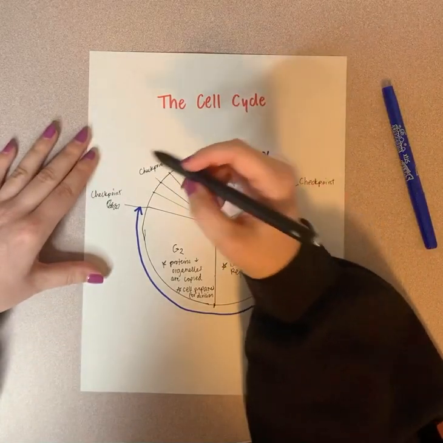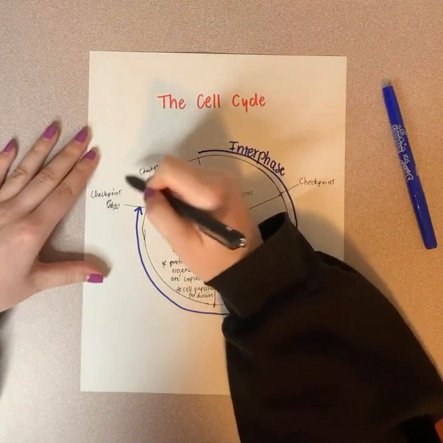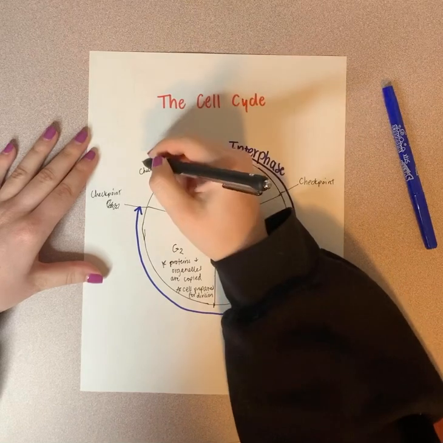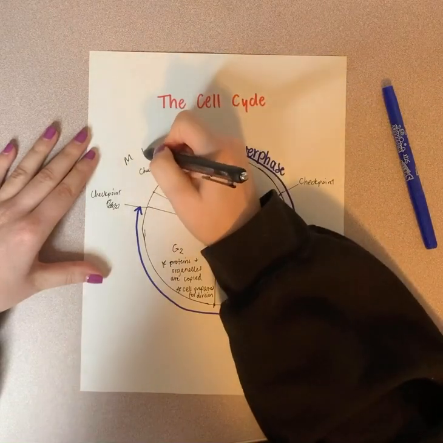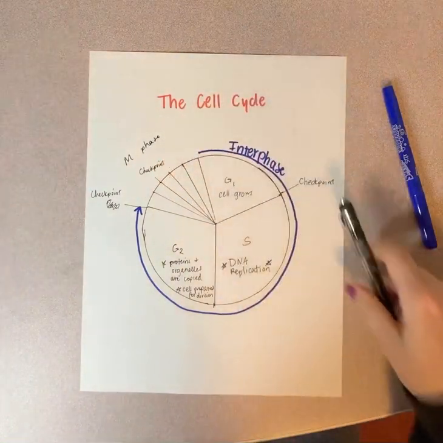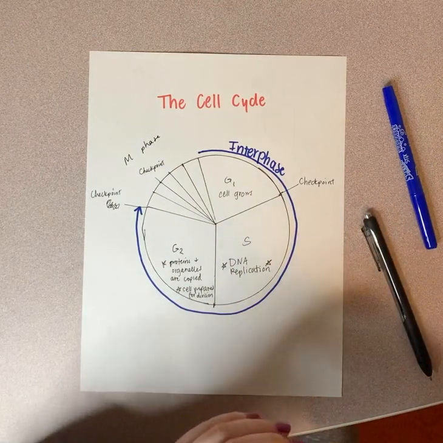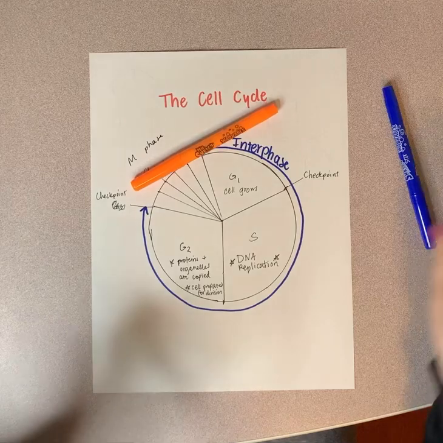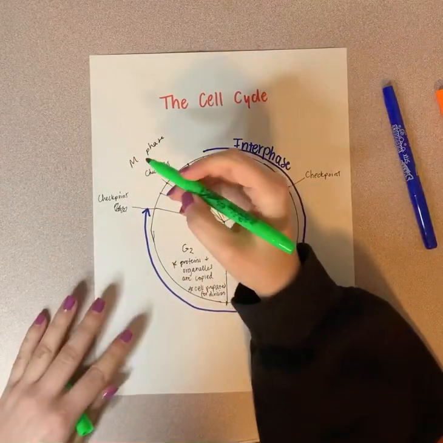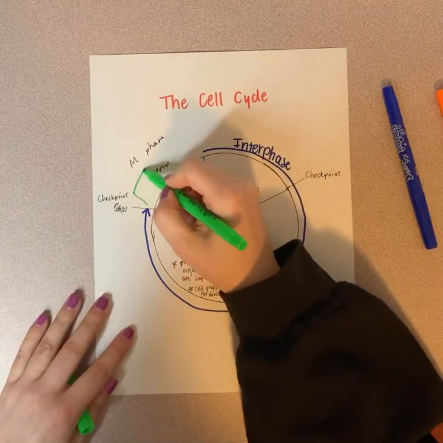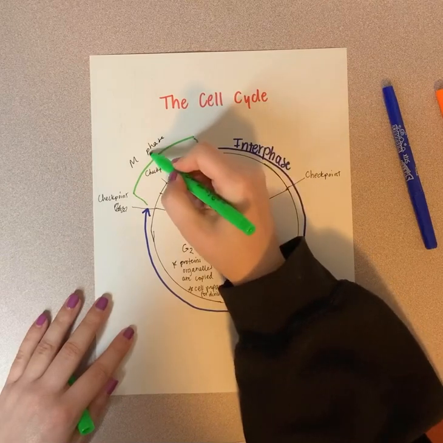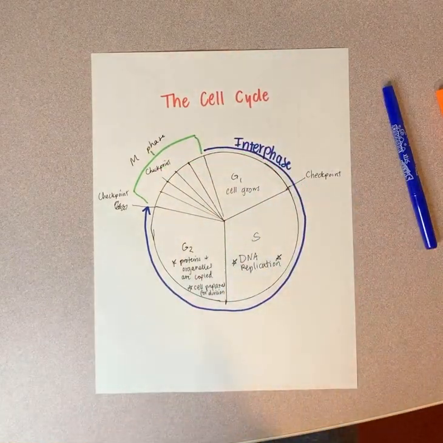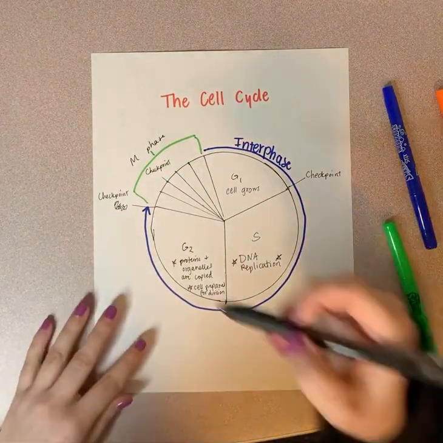So then this whole thing here is M phase, okay? I'll make M phase a different color. Okay, and M phase is further broken down into 2 parts.